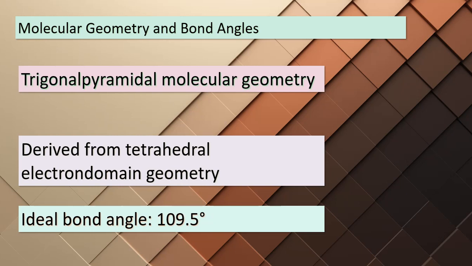But here's where it gets even more intriguing: when the surrounding atoms and electron domains aren't identical, these bond angles can deviate from their ideal values. So, remember, the symmetrical arrangement of atoms greatly influences the angles formed between the bonds. As we journey further, you'll discover how these subtle variations play a significant role in the overall structure and behavior of molecules.